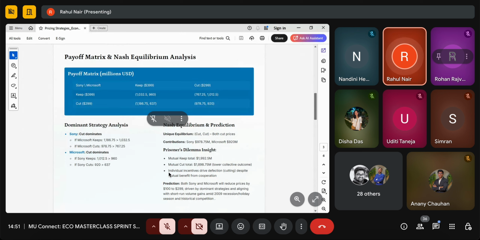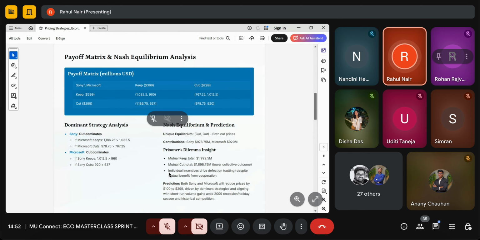So if you look at the payoff, the basic idea behind this Nash equilibrium is that we'll assume that Sony and Microsoft both are at $399, right? And we calculate the payoff. So this is the payoff of Sony versus Microsoft. Sony's payoff is 1032.5 and Microsoft's payoff is 960. Right.